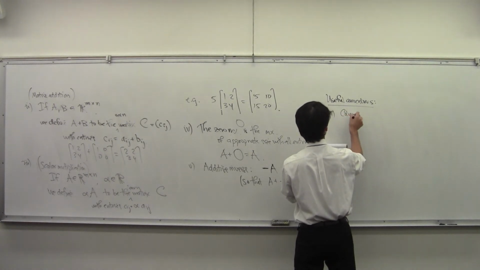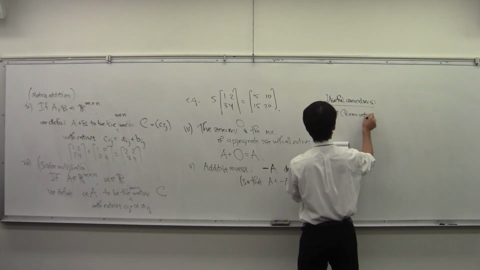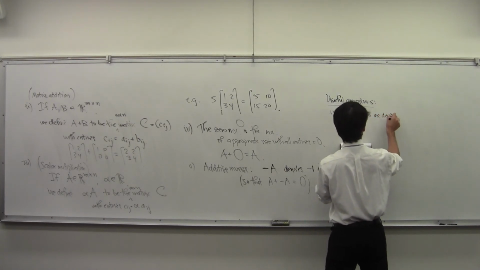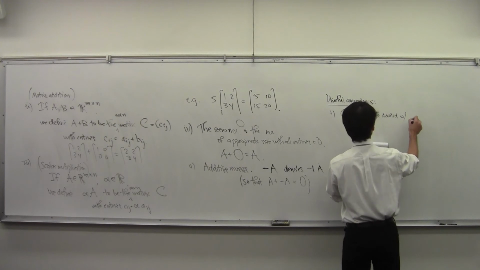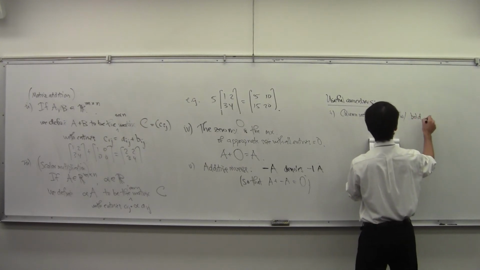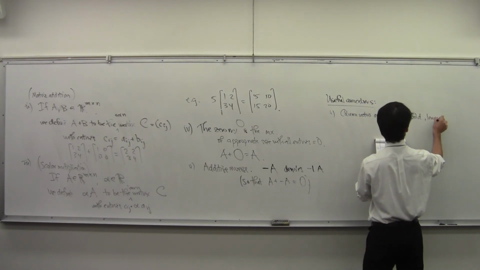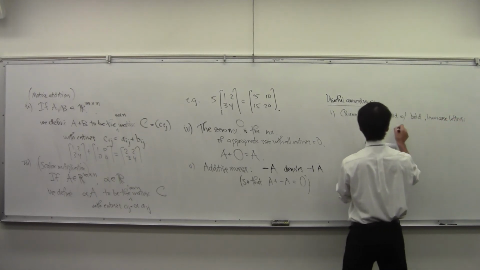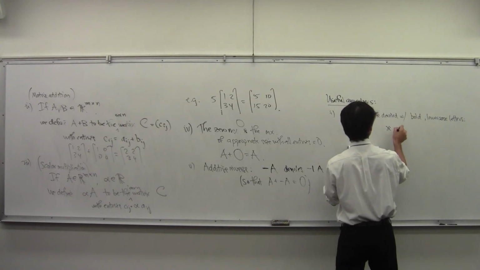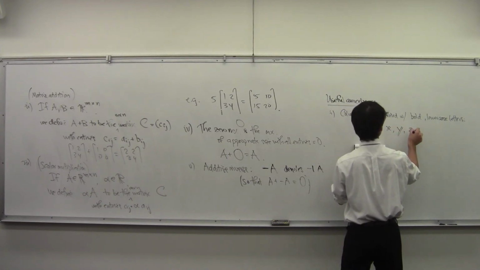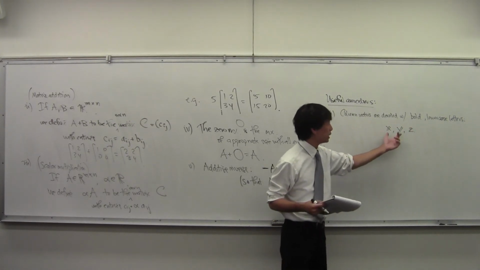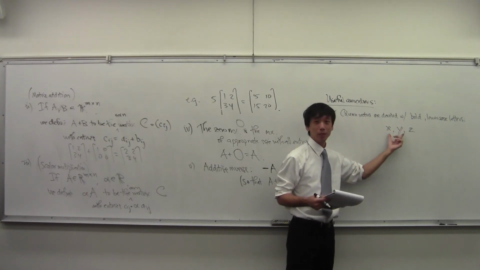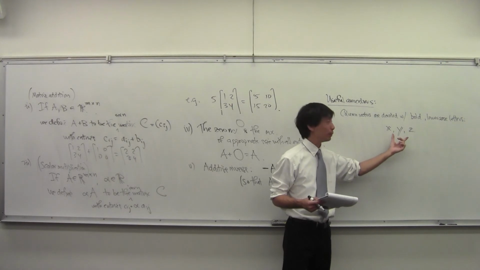Column vectors are denoted with bold-faced, lowercase letters. So if you see something like x, y, z, the way that mathematicians write a bold font is to put a double strike on some element of it.